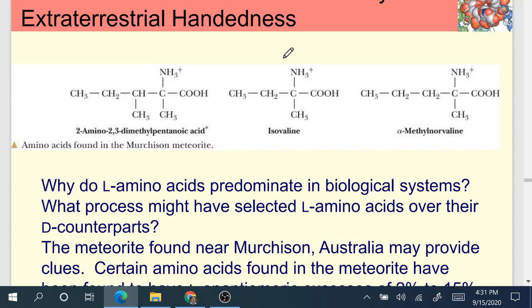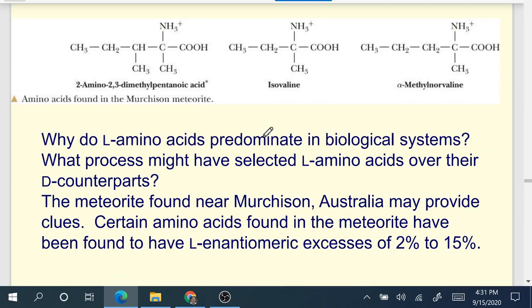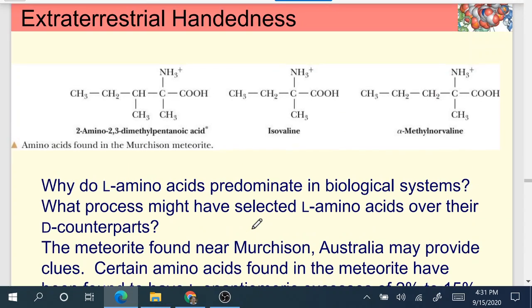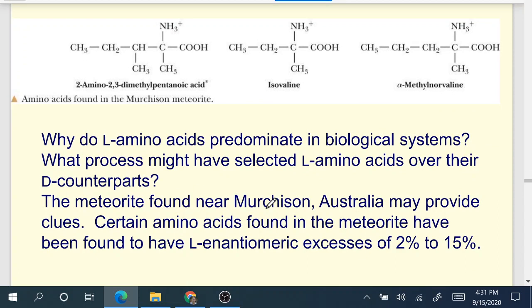And so there was a meteorite that entered Earth's atmosphere a few years ago, and it was found in Australia, and it was found to have a lot of biological compounds in it. If you're interested, you can look up more information about this Murchison meteorite, and it was found to have an L enantiomeric excess of 2 to 15%.